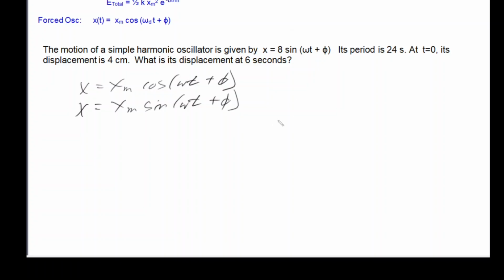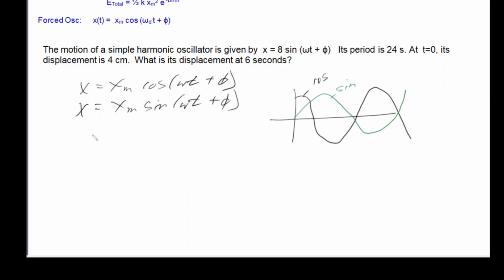The difference is that if we plot the cosine graph, we have this, whereas if we plot the sine graph, we have this. So that's the sine and that's the cosine. So at t equals 0, the cosine becomes 1, so x is equal to xm, as you can see here.